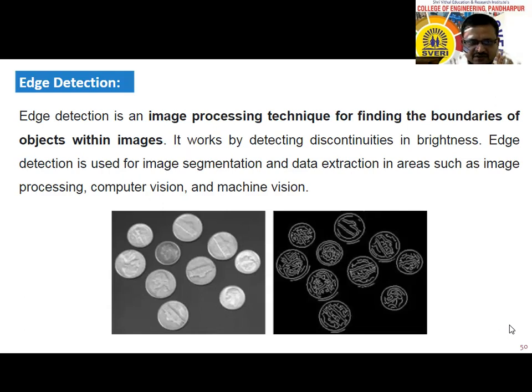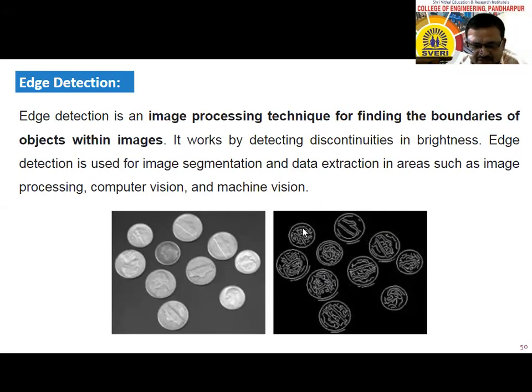Edge detection is used for image segmentation and data extraction in areas such as image processing, computer vision, and machine vision. Now, according to the definition, these are the coins on the left side of this image, and the right side of the image represents edge detection.